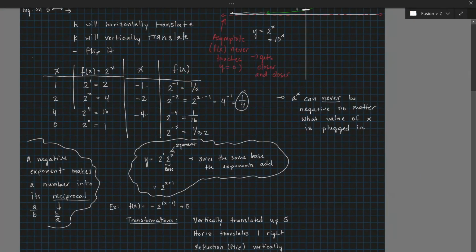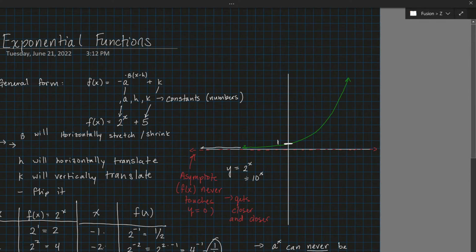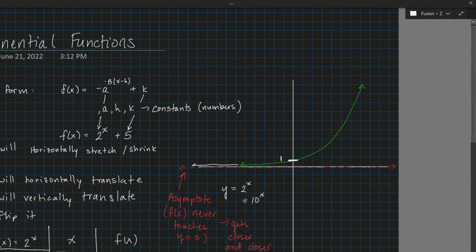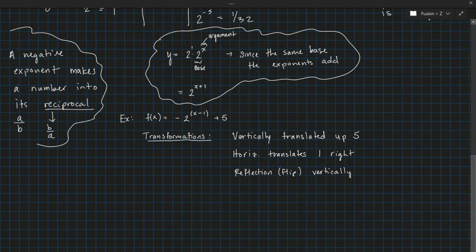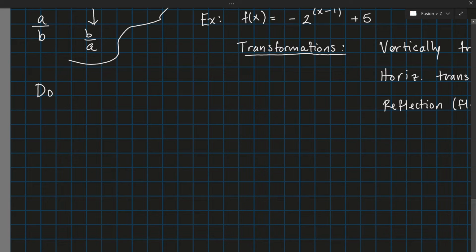So another thing that we'll want to know about the graph here is the range. So the range for the base graph, is all x? Yes, you're right.